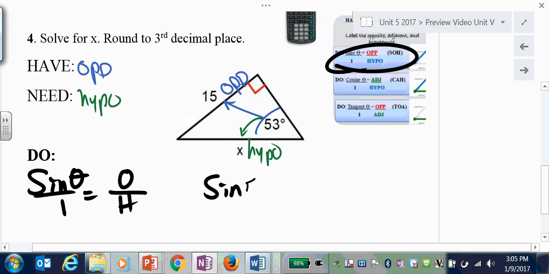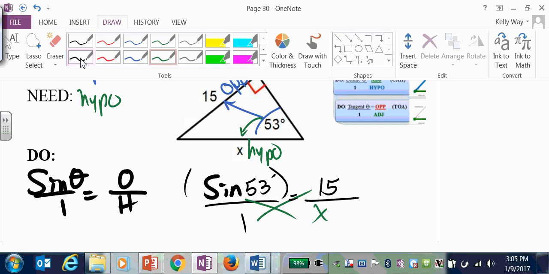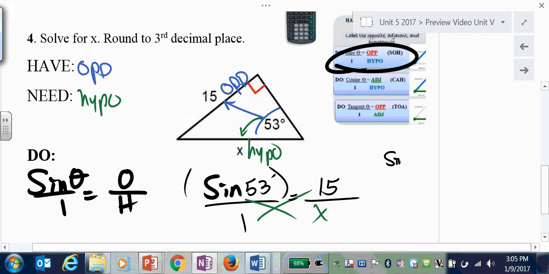Our theta is 53 degrees. Opposite 15 over our hypotenuse, which is x. We cross multiply. We end up with sine of 53 degrees times x equals 15.